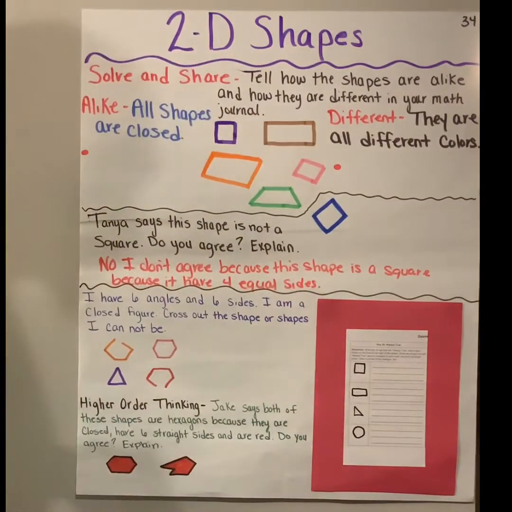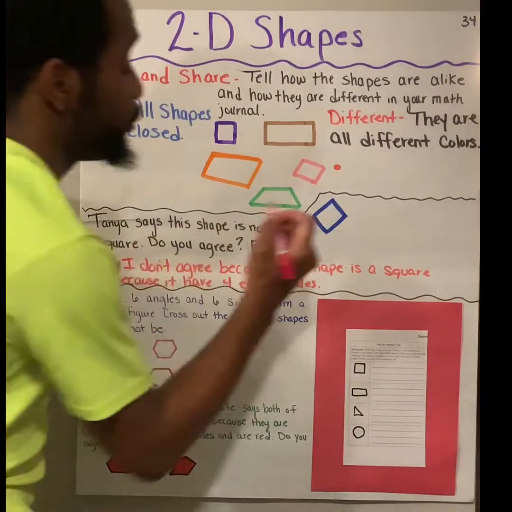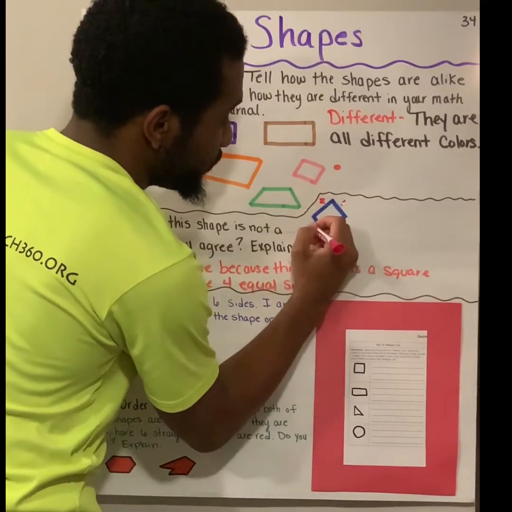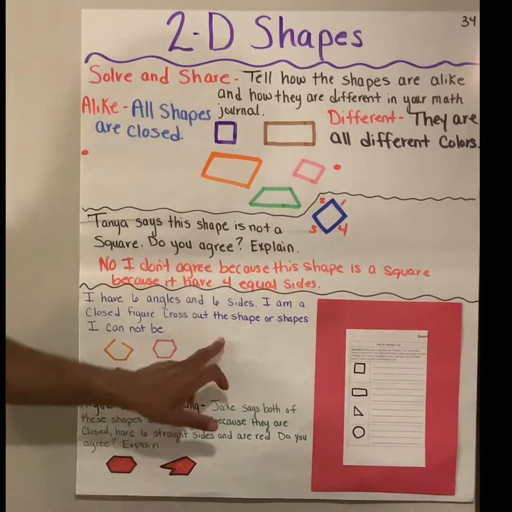Okay? It has 4 equal sides. I mean, we can count them, okay? We have 1, 2, 3, 4. Okay?